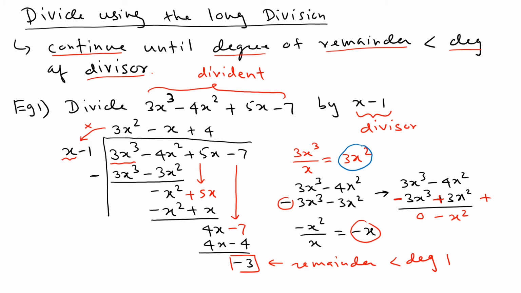This is a degree 0 term, and the divisor has a degree 1 term, so the calculation is going to stop right here. So that's the answer.